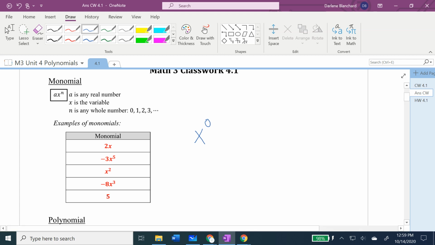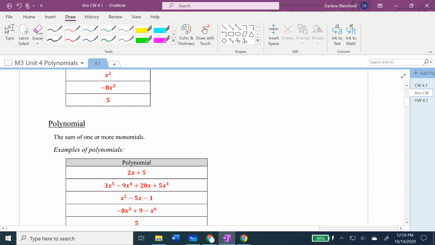So 5 itself is actually the polynomial 5 times x to the 0 power. It's just not emphasized very much. And I think a lot of people, even in higher level math, aren't aware of this. And I'm going to come back to this also as I talk about some other vocabulary words.